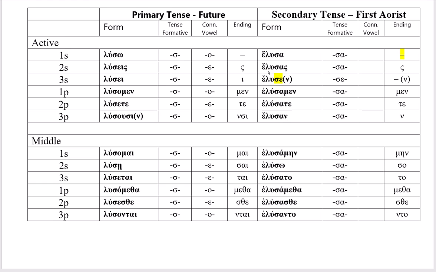So elusa, elusas, elusen, elusamen, elusate, elusan. And then down at the bottom we have elusamēn, elusō, elusato, elusametha, elusasthe, and elusanto. So those are our first aorist forms.